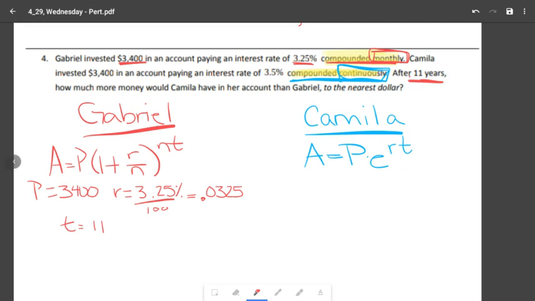Now, he does have that extra variable, the N. It says compounded monthly. So if we're talking about years, in 1 year, how many months would we hit? If you remember Monday's lesson, we did have that little section that listed out all the different things that you would use for N based on what word was there. Monthly would be 12.